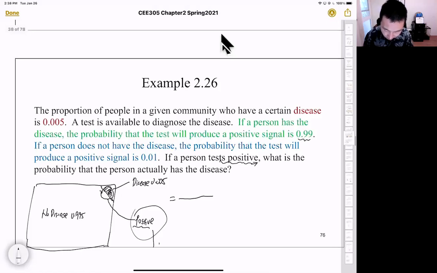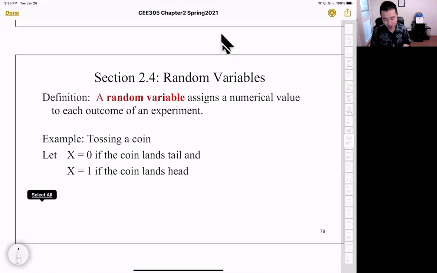Sections 2.2 and 2.3 may be the most complicated part of this class. It takes time for many of us to digest and fully understand the whole concept. So don't get frustrated if at the beginning you don't know what I'm talking about. Section 2.4 will be much easier, but this is new information.